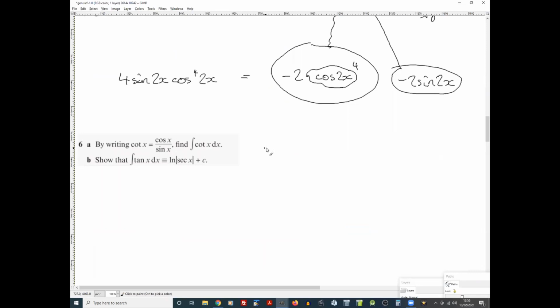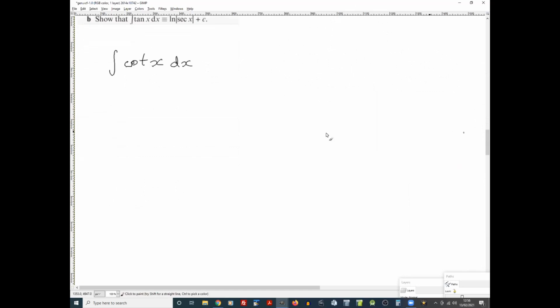So part A, find the integral of cot x by writing it as cos over sine.